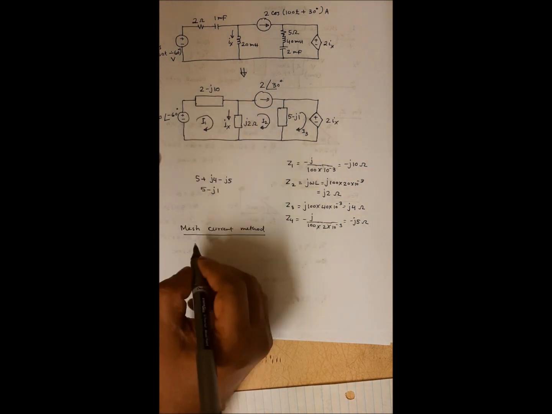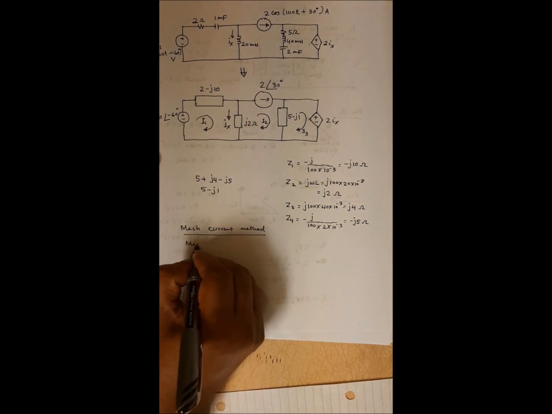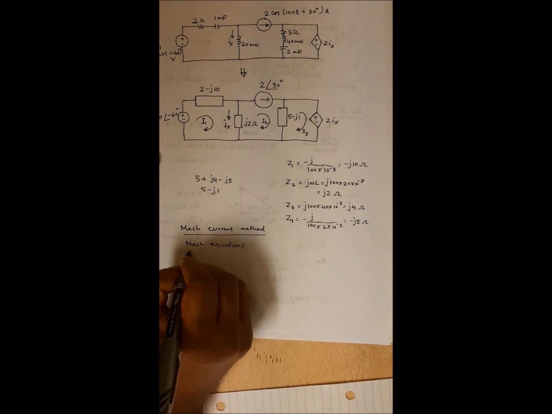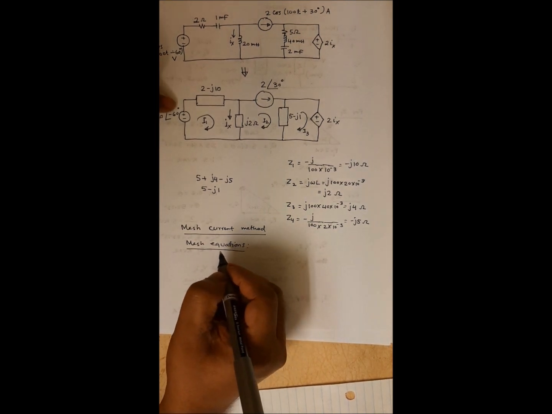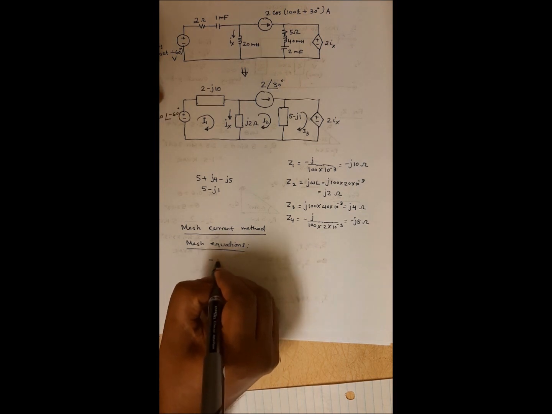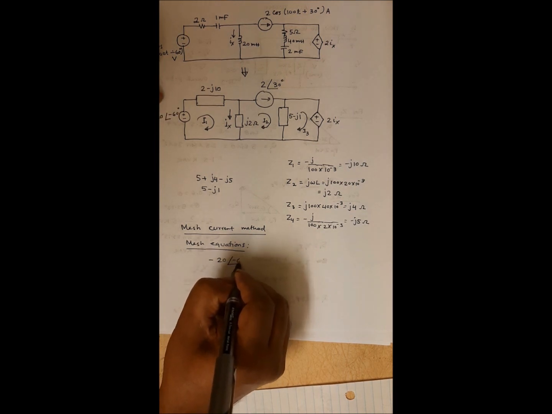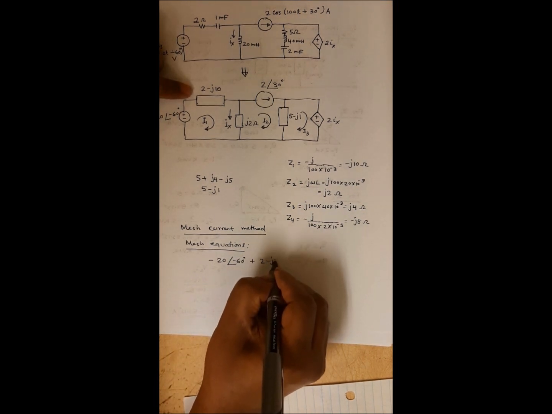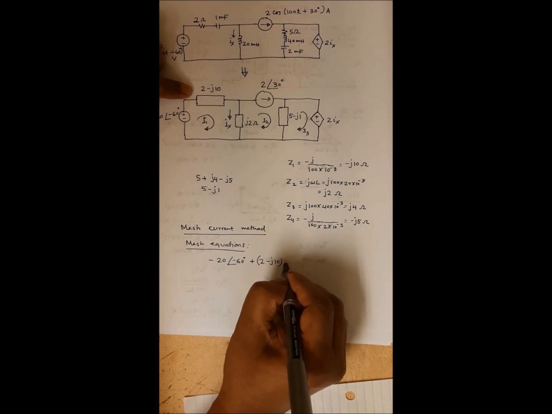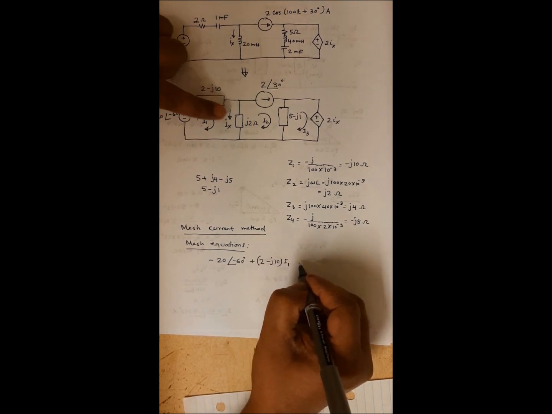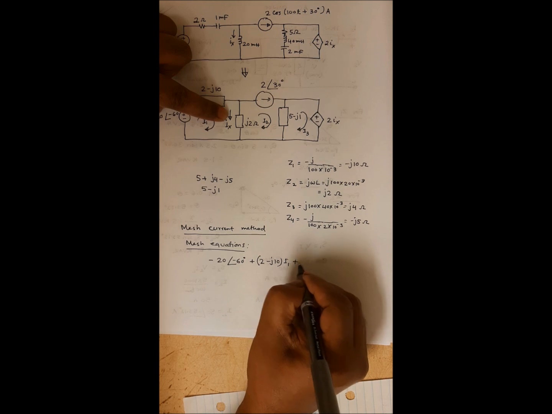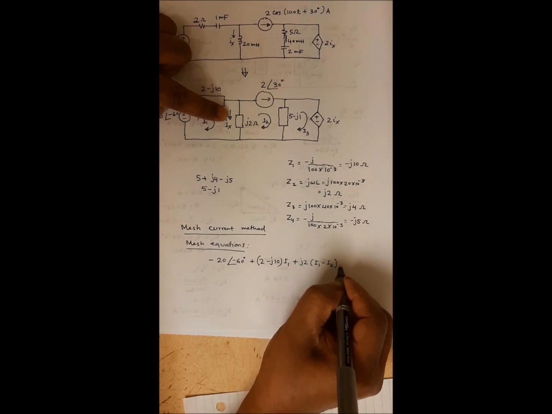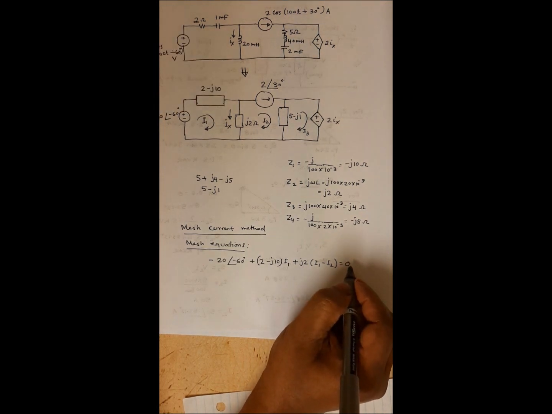So if I write mesh equations now, from here this will be negative 20∠60, and this impedance 2 minus J10 times I1, and here will be plus J2 times I1 minus I2 equal to 0.